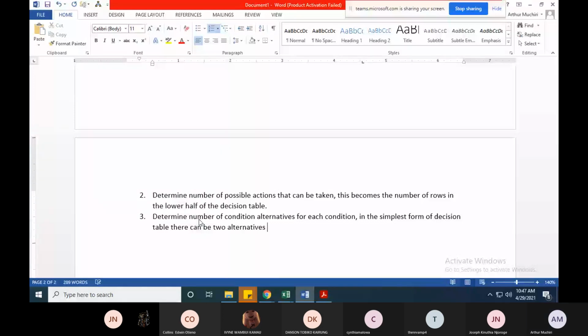Y or N. This simply means yes or no. So those are the number of condition entries. There is only yes or no for each condition.